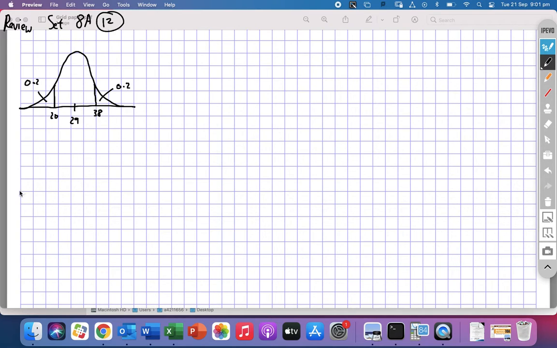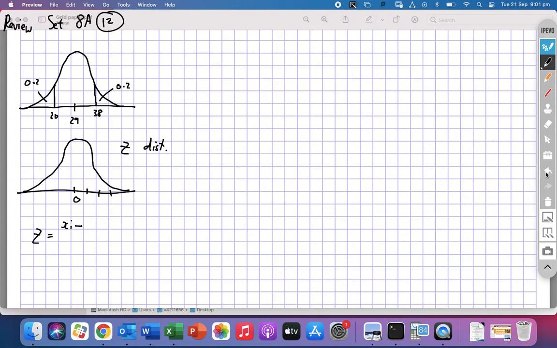If we compare it to a Z distribution, where the mean is 0, if you recall the equation for converting, on a Z distribution your standard deviation is 1, 2, 3.